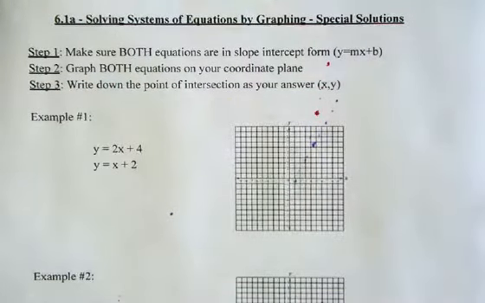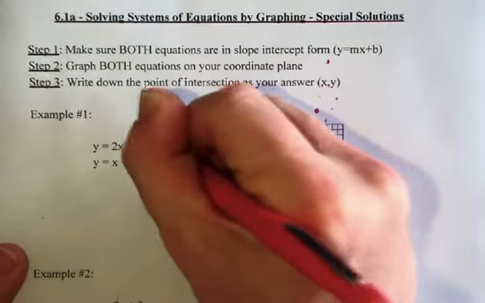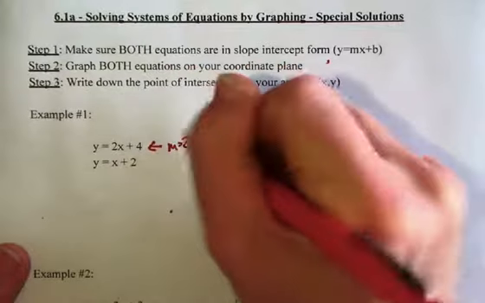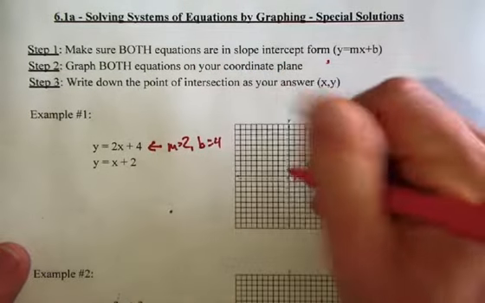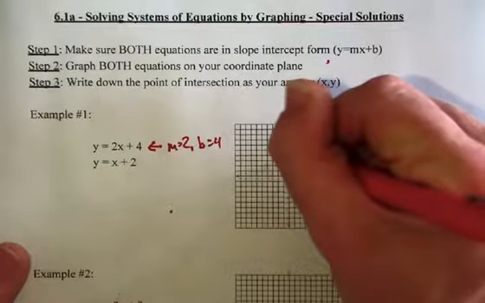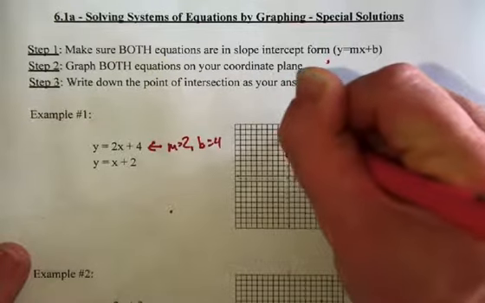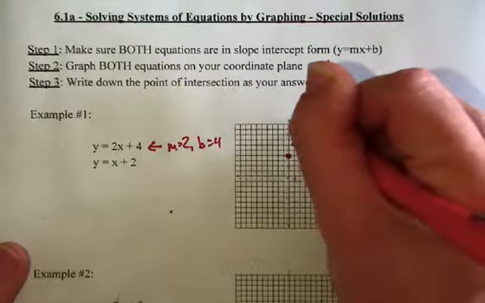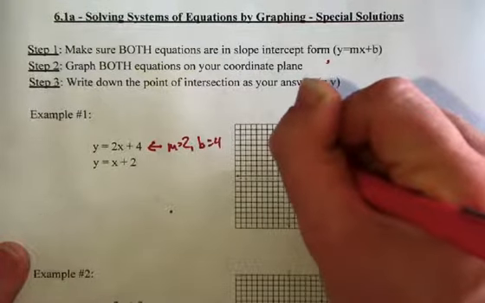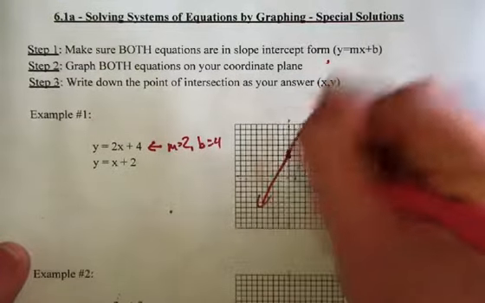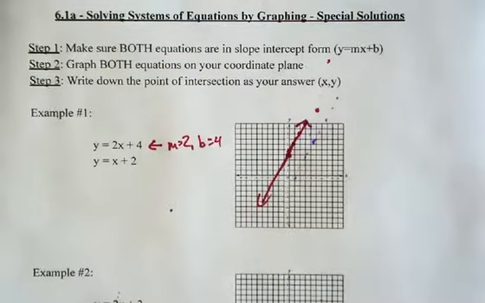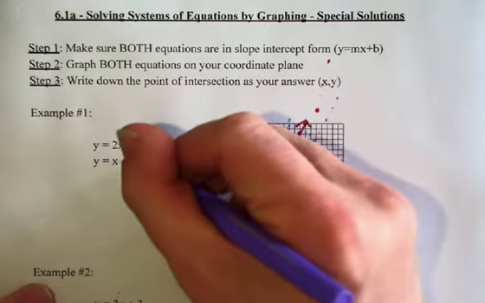So let's do example 1. Our slope is 2, y-intercept is 4. So b equals 4, and the slope is 2, up 2 over 1, up 2 over 1. Then we have y equals x plus 2.